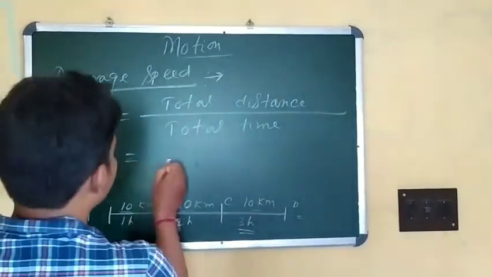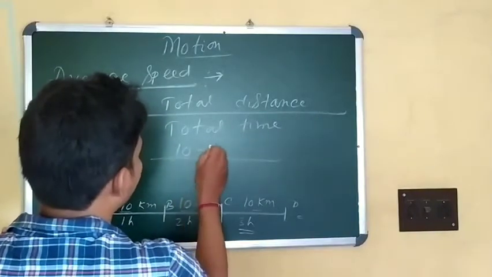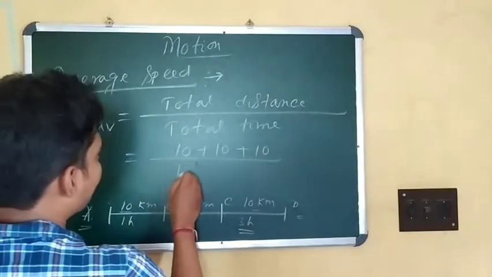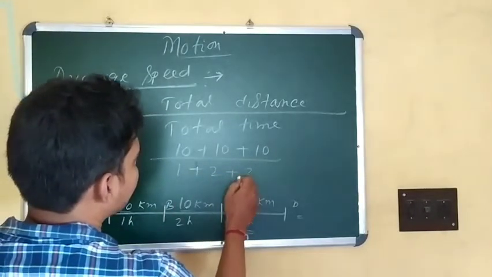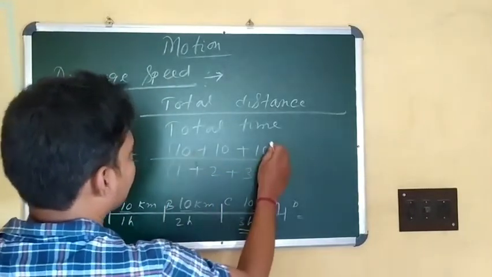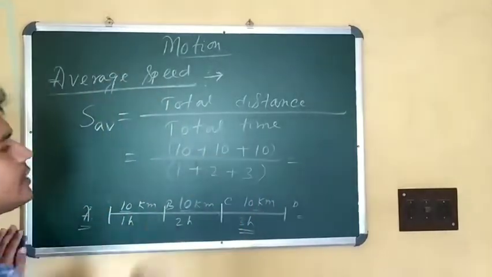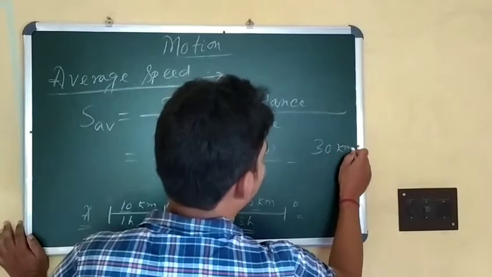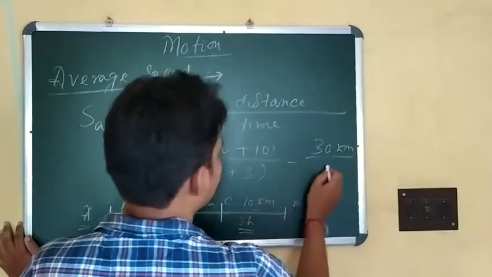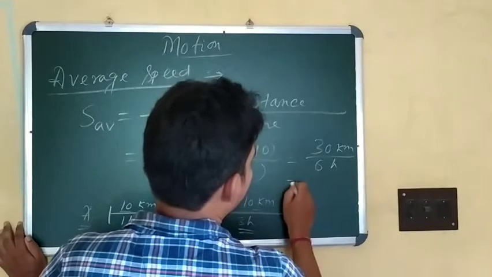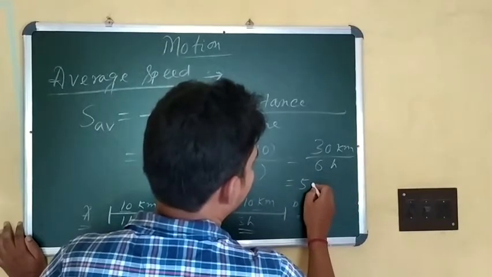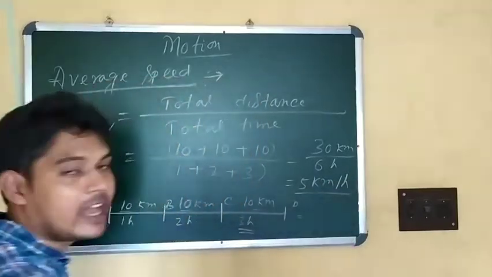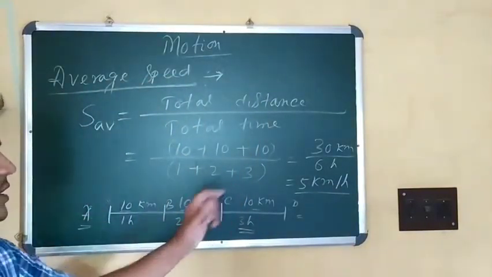So it is 10 plus 10 plus 10, and what is the total time? 1 plus 2 plus 3. Okay, then 10 plus 10 plus 10, 30 kilometer, and it is 6 hours. So you get 5 kilometer per hour.